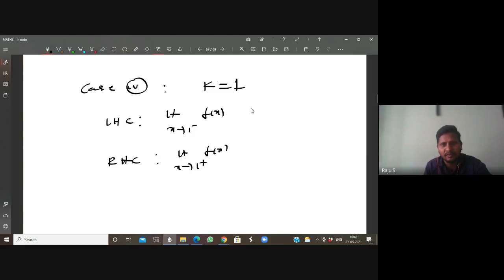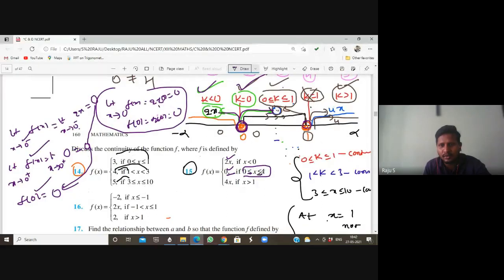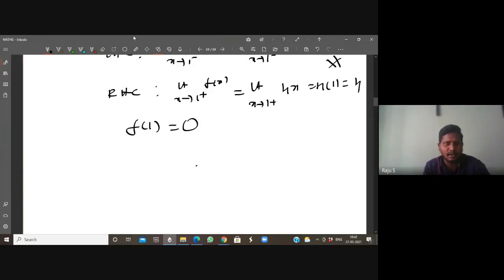What is the limit as x tends to 1 minus f of x? 0. But what is the limit as x tends to 1 plus, more than 1? The function value is 4x, that is 4 into 1, 4. And what is f of 1, the function value at exactly 1? 0. Anyhow, your left hand limit is not equal to the right hand limit at 1. That is case 4.